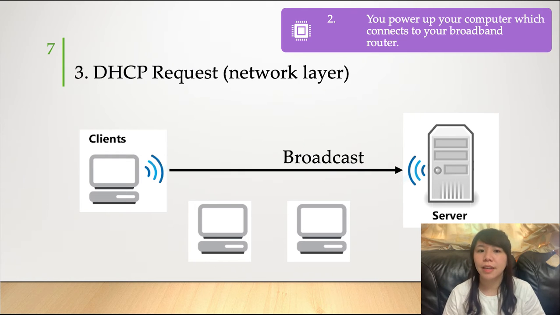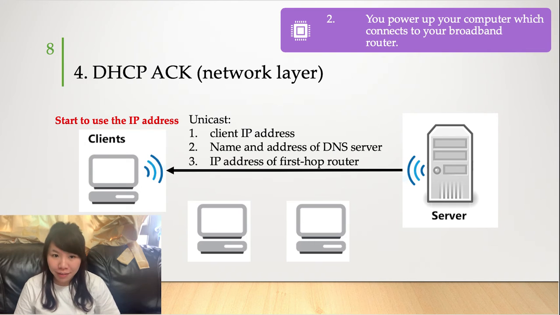The client can only accept one offer. Finally, the DHCP server sends the DHCP ACK to the client to acknowledge and complete the IP configuration. The client now can use the IP address and have the name and address of the DNS server.